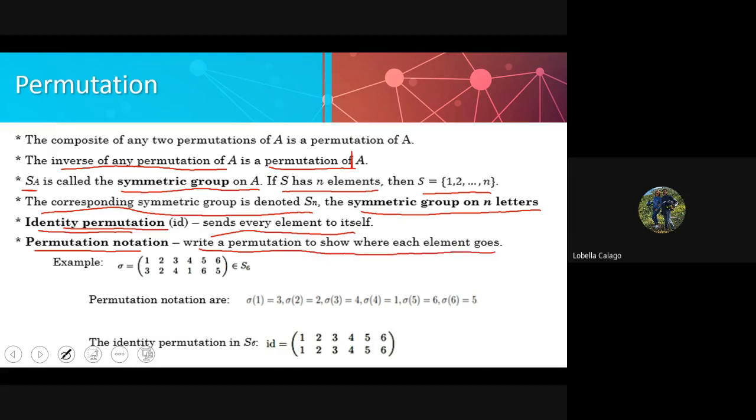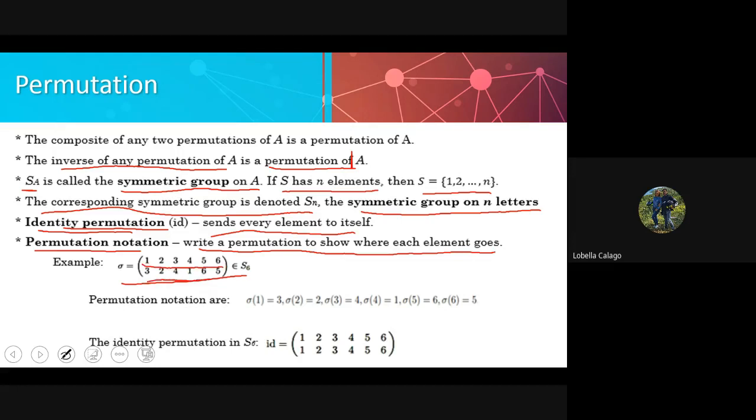So, yun po yung definition ni permutation notation. I-write lang natin yung mga kanyang elements kung saan siya pupunta. Okay, so for example, we have this one, no? And this one is an element of S6. Bakit S6? Because it consists of 6 elements. Okay? Yun po yun. 6 elements because ito, 1, 2, 3, 4, 5, 6.